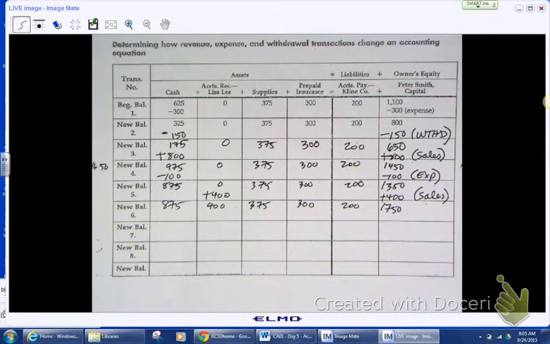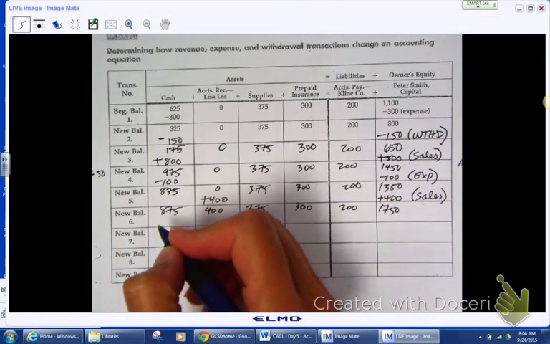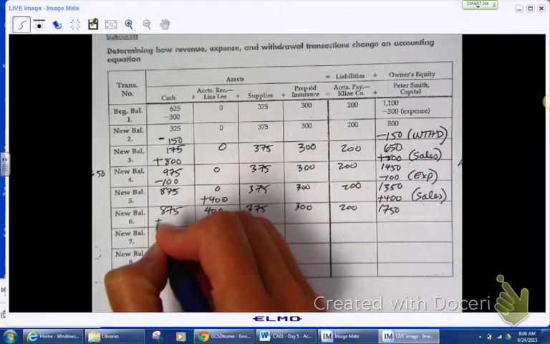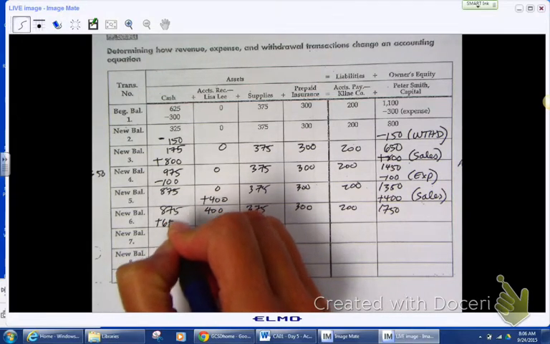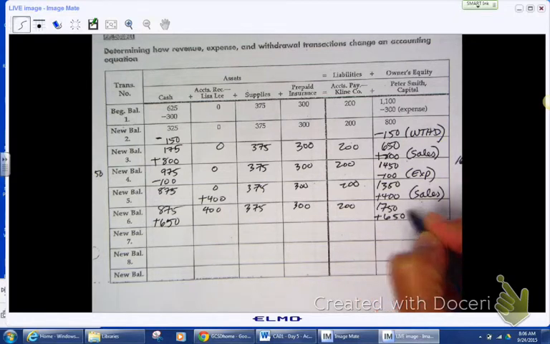So where are we? Let me see. Jordan. Okay, next one. Received cash from sales. Cash is increasing and owner's equity is increasing. Cash is increasing by, what is it? $650? And sales is increasing by $650.